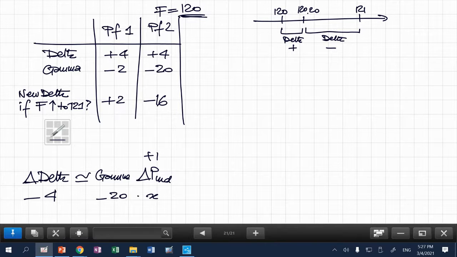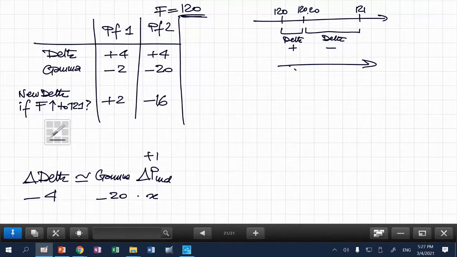Incidentally, a minor thing we are going to discuss later on, as a gut feeling for portfolio 2: if the price moves up by 1, you are making money for the first 20 cents of increase, and then losing because you are delta negative and the market still goes up for the other 80.